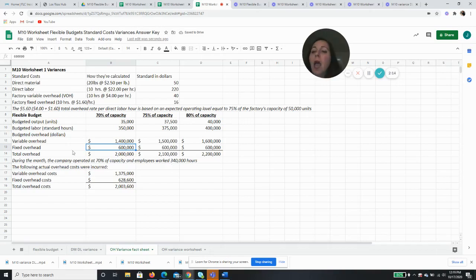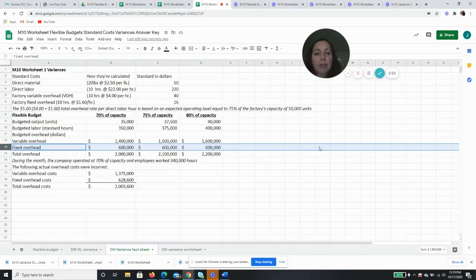Okay, same thing. The fixed overhead isn't changing at the different levels of capacity, right? And I think we saw this when we did the flexible budget. The fixed overhead is the fixed overhead, right? Rent, a landlord isn't like, oh, well, if you're doing 70% of capacity, you can pay me less rent. And if you do 80%, you're going to pay more rent.